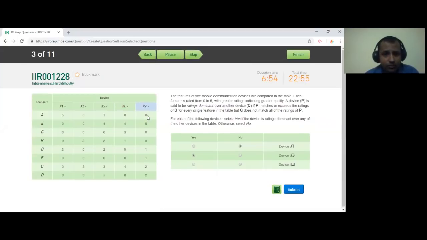It has a 0 to begin with on the top. So many zeros. So if we just very quickly look, we see obviously all of the 4 other devices for some of the features are dominant over XZ. So yeah, that's a no.